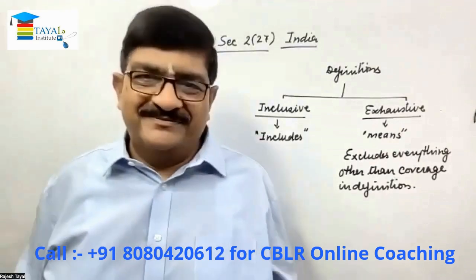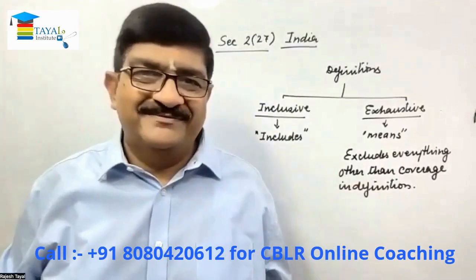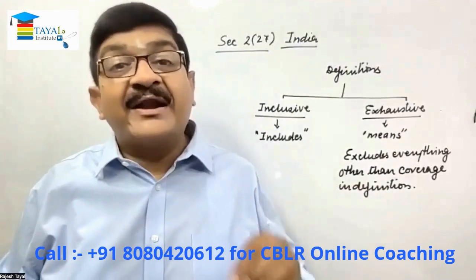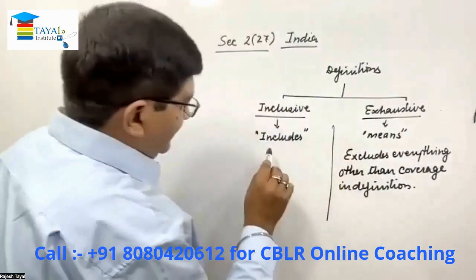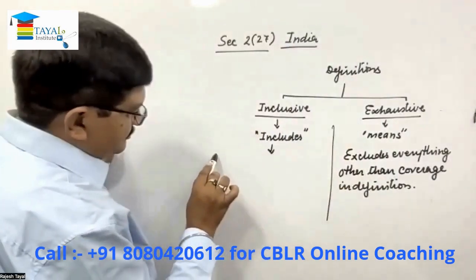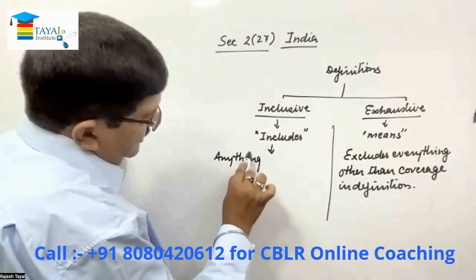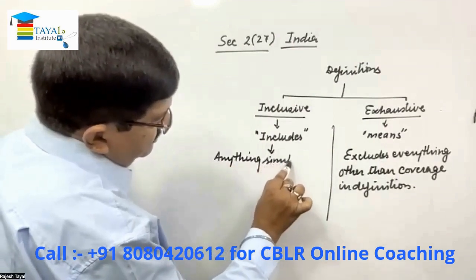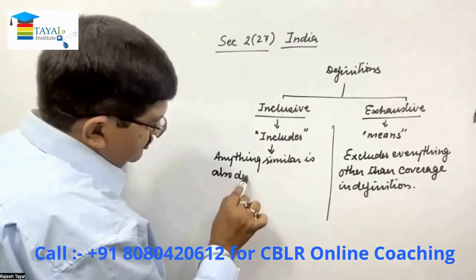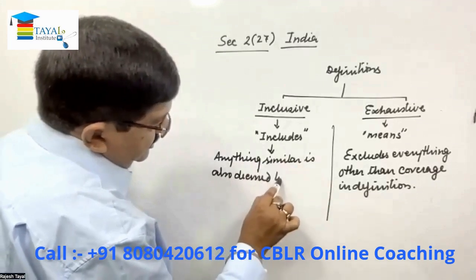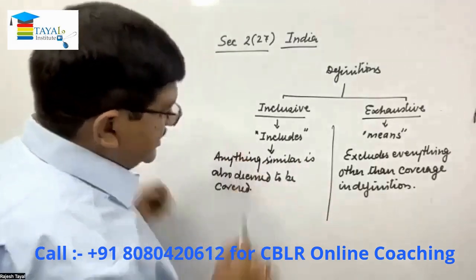Inclusive is the opposite. Whatever is shown in the definition is just an example. Something more is covered there, or anything similar or identical is covered there. Inclusive means anything similar is also deemed to be covered.